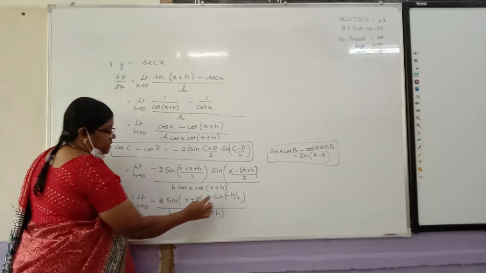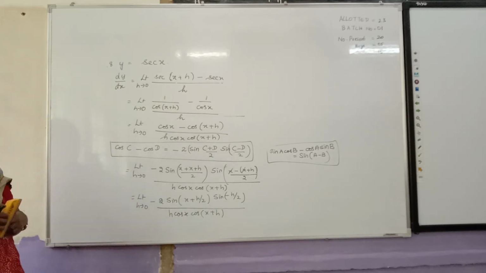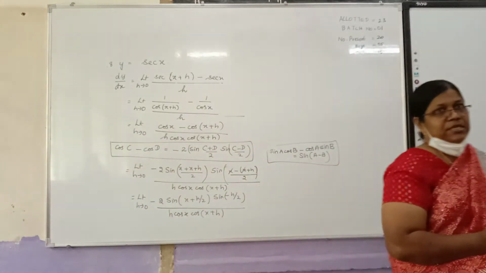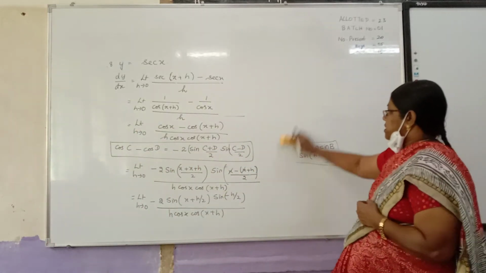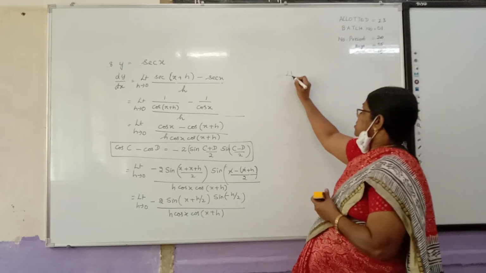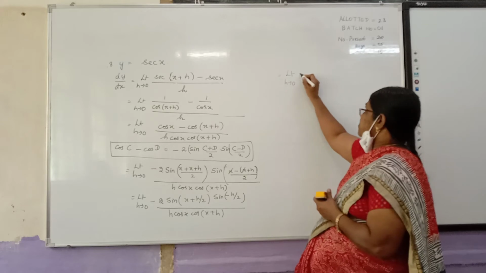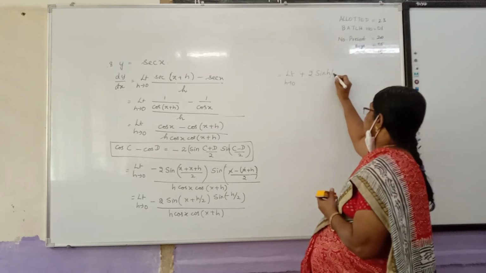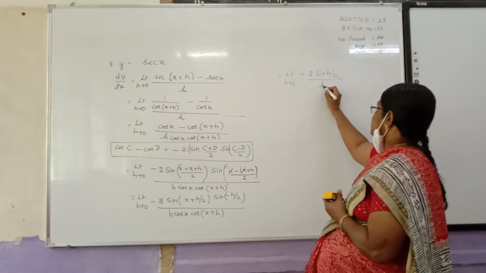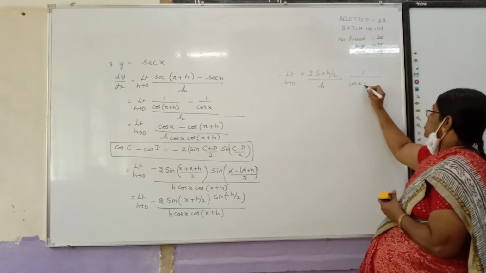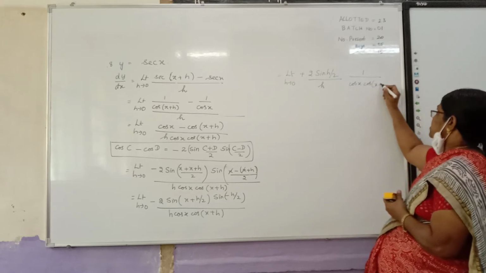What is sine of minus theta? Minus sine. So this becomes minus, minus, so it becomes plus. So limit h tends to 0, plus 2 sine h by 2, divided by h into 1 by cos x cos of (x plus h).